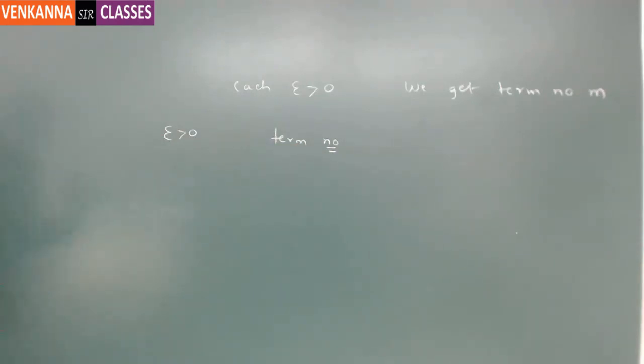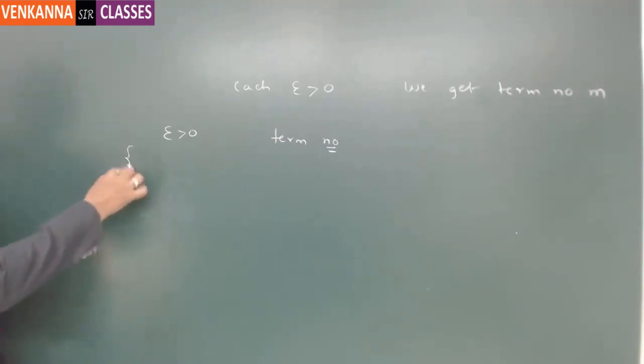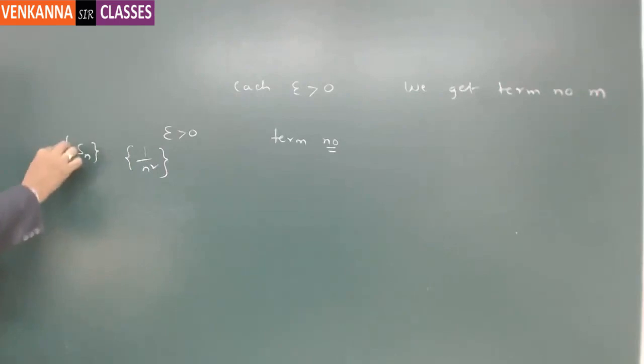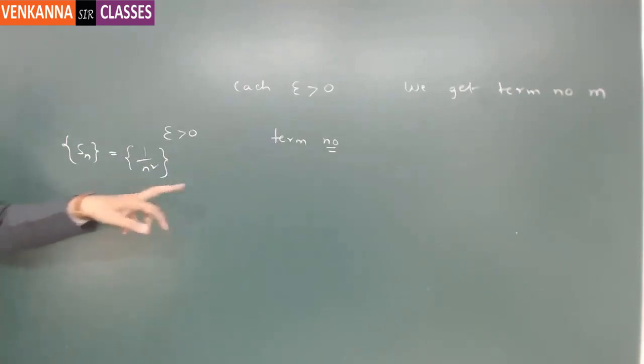Right. Now take the example of the sequence 1 by n square. Sn is equal to 1 by n square. We know that the sequence converges to 0, accepted by all.